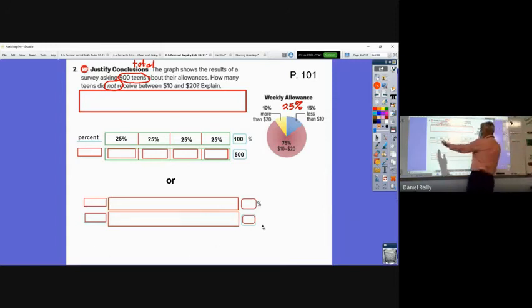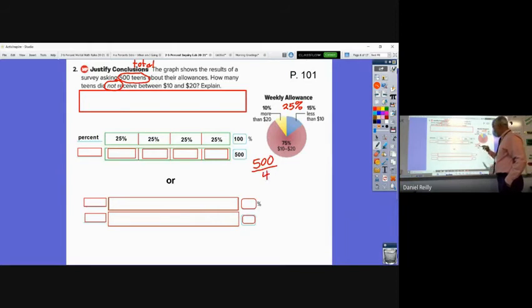I've split the total into 4 equal parts. 500 divided by 4. Kenny? 125. Kenny, see up here it says no calculator? Just for the record, I see that you have the calculator to get that answer, okay? How do you do this in your head? Well, half of 500 is 250, and half of 250 is 125. So, can everyone do that in their head? Maybe not, okay, but each one of these is worth 125, 500 divided by 4.